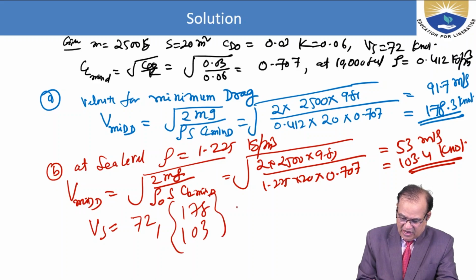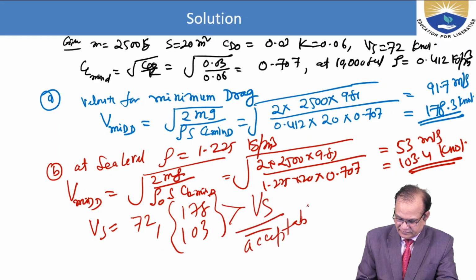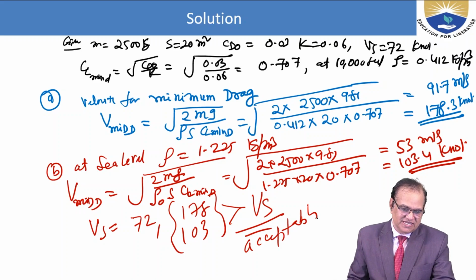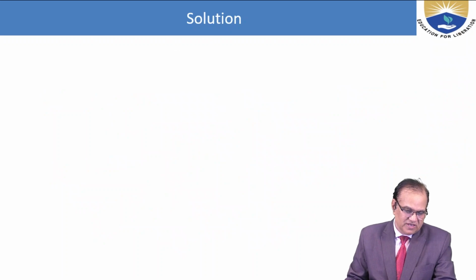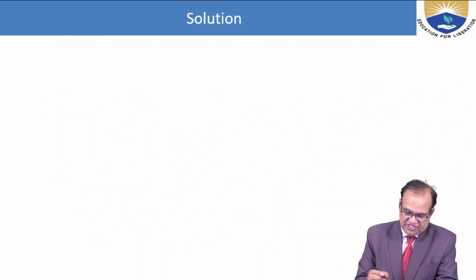Both are higher than Vs, so it is acceptable. So this design is acceptable. So now we will see the minimum thrust.